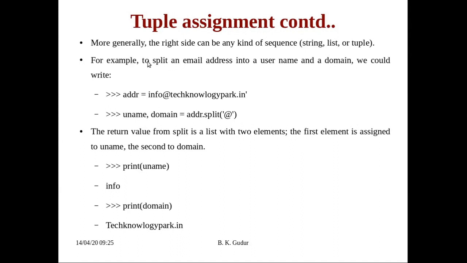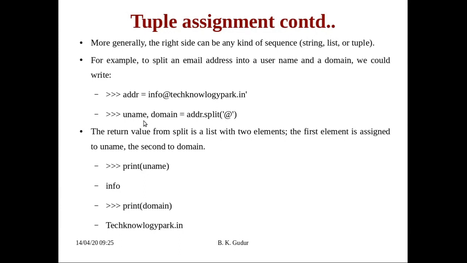For example, to split an email address into a username and a domain name, take an example, info@technologypark.in. Here info is the username and technologypark.in is the domain name. If I want to split it, it is very simple. We can use the split method, which works on a string, because addr is a string.